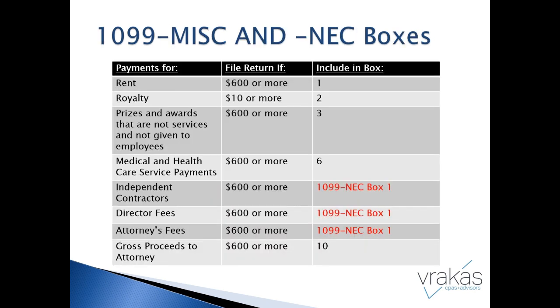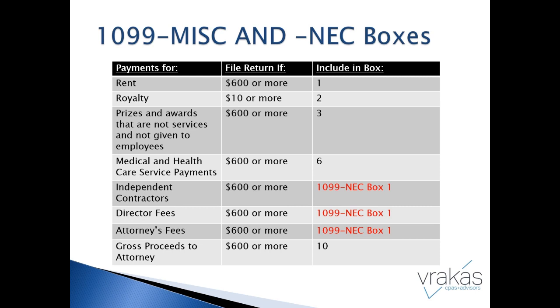This is just a nice little guideline for the boxes and their general information that goes in the boxes and the limitations. I like to keep this handy so that if you get a vendor and you're not sure what box it goes into or what form it goes into, these are some general guidelines.